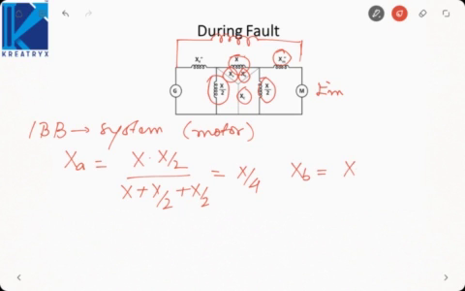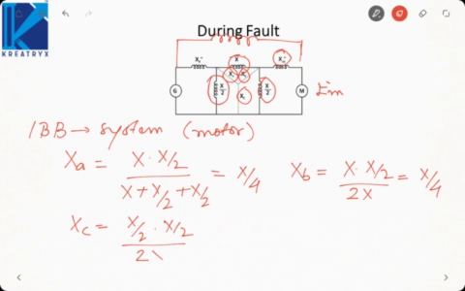XB will be the same, x dot x by 2 divided by 2x, that is also equal to x by 4. XC will be equal to x by 2 dot x by 2 by 2x, that is equal to x by 8. So I will write it down here: XC is equal to x by 8.